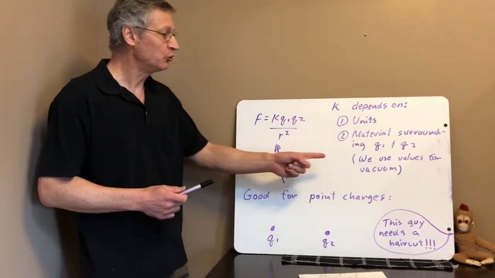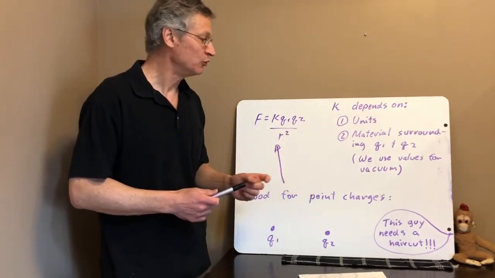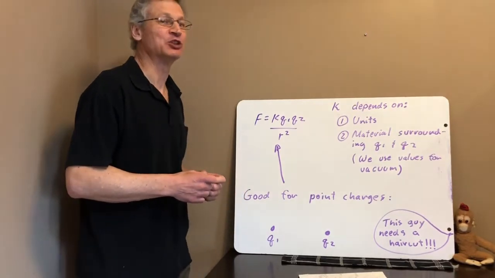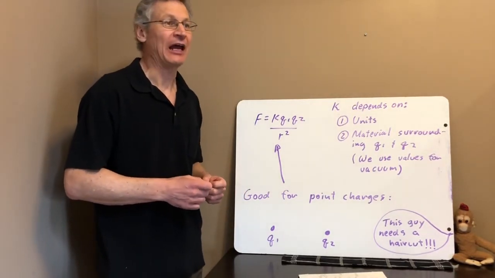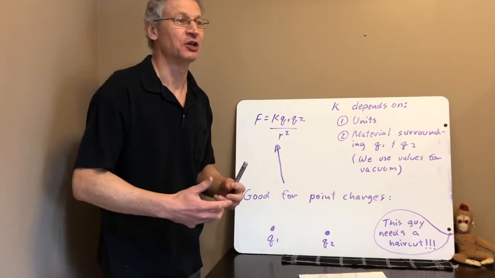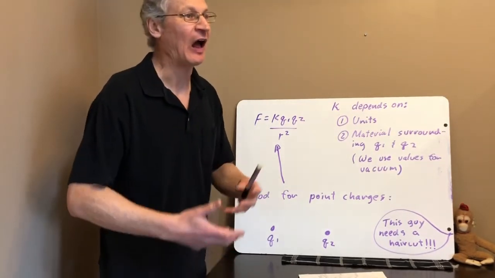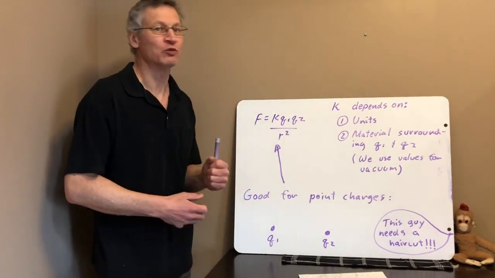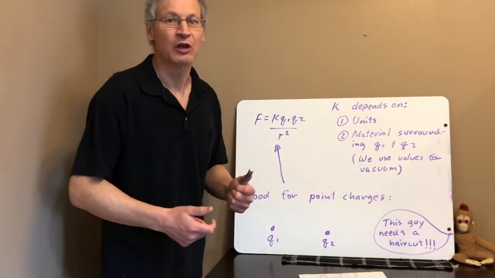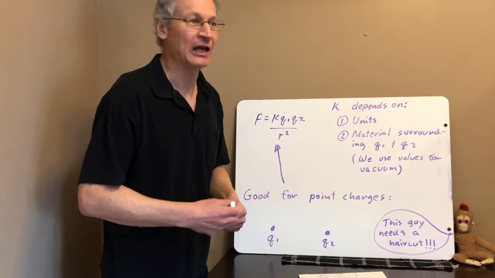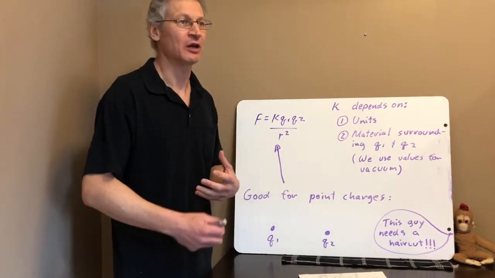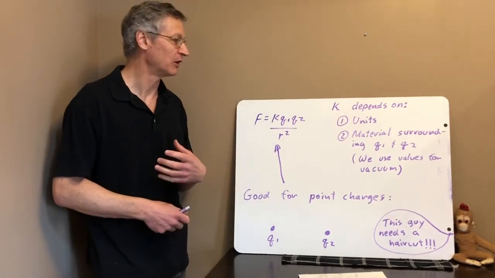You should also realize that K depends on the materials surrounding the charges. We're using the values for K if the charges are in a vacuum. And to tell you the truth, if the charges are in air or pretty much any gas, as far as Coulomb's law is concerned, that's pretty close to a vacuum, and you can still use 9 times 10 to the 9th or 2.3 times 10 to the minus 28.